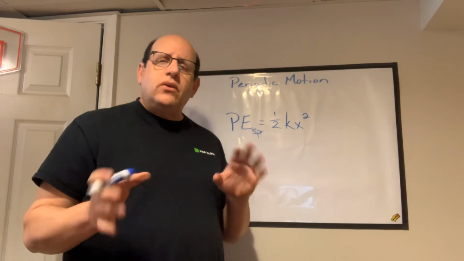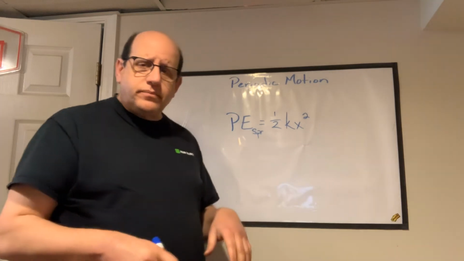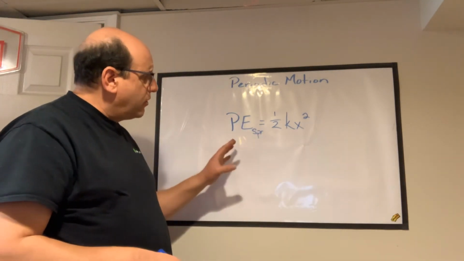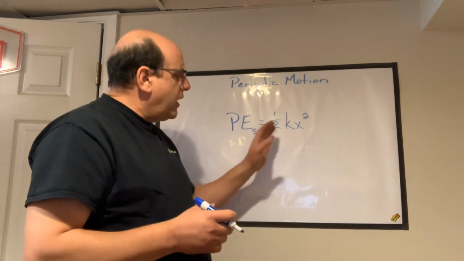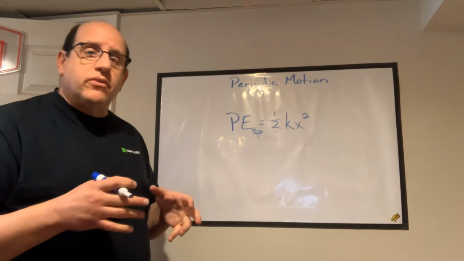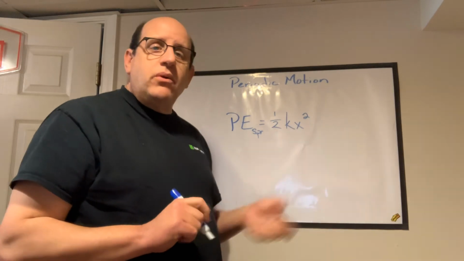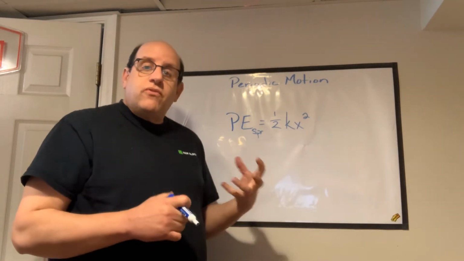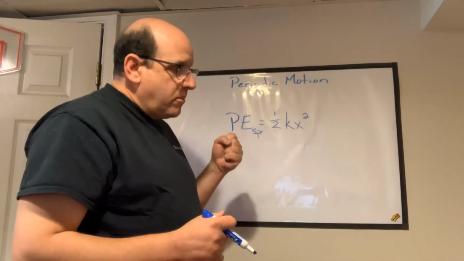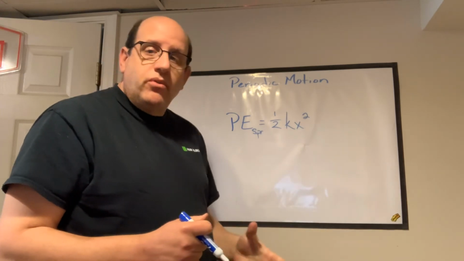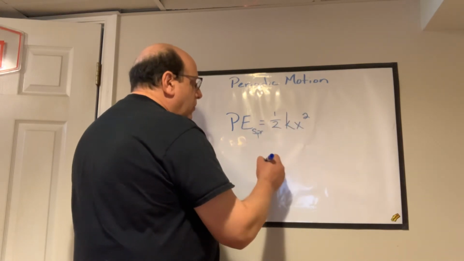You could do all sorts of calculations, deriving new formulas from original formulas, to get to this point, but suffice it to say, 1/2 kx squared gives us the potential energy of a spring. If we know how far we've pushed this spring, and we know its spring constant, we can find out how much potential energy is inside this spring, and how fast it might move when we let go of it.